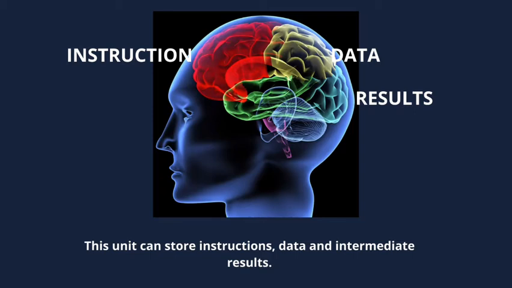Like I said, you can liken your memory unit to your brain. It's very important, just as the human brain is very important, so also the memory unit is very important in the computer.